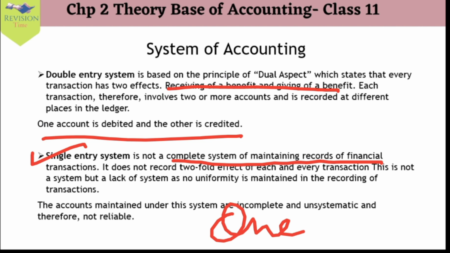It becomes difficult in the long run as the business is expanding in size, and it becomes difficult to ascertain the profit or loss. There will be no full information available. So every business follows dual entry system of accounting, where they record both the accounts which come into effect for a particular transaction.